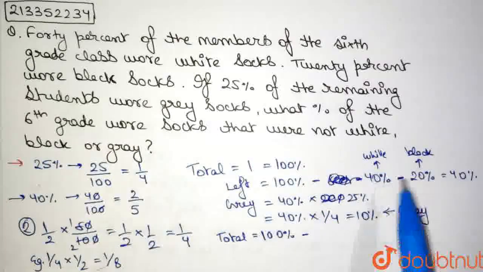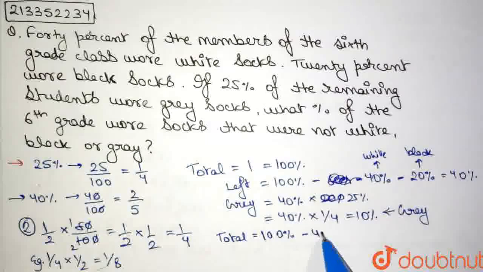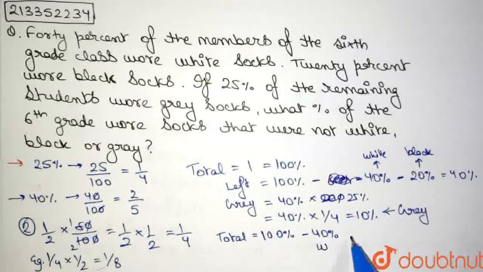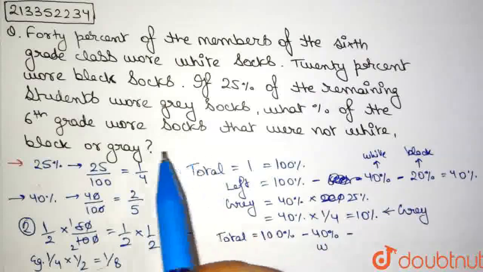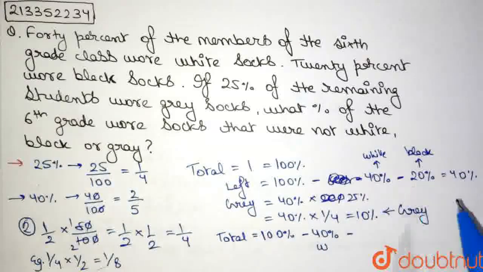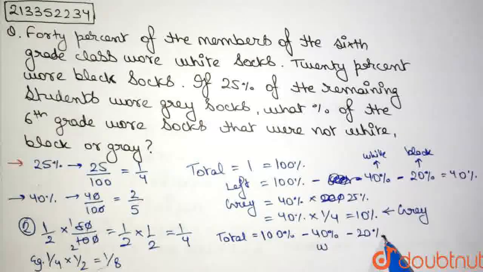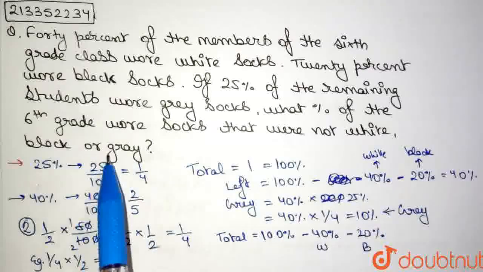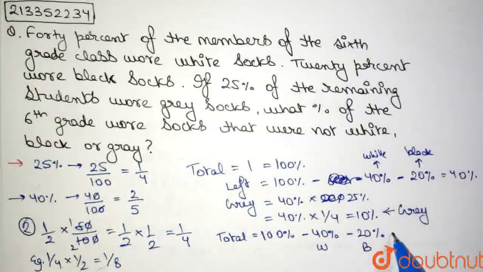So 100% minus 40% for white. Minus 20% for black. And finally, it should also not be gray. So minus 10% for gray.